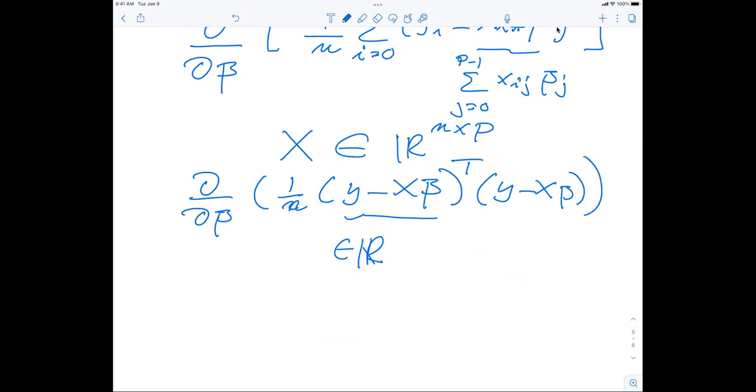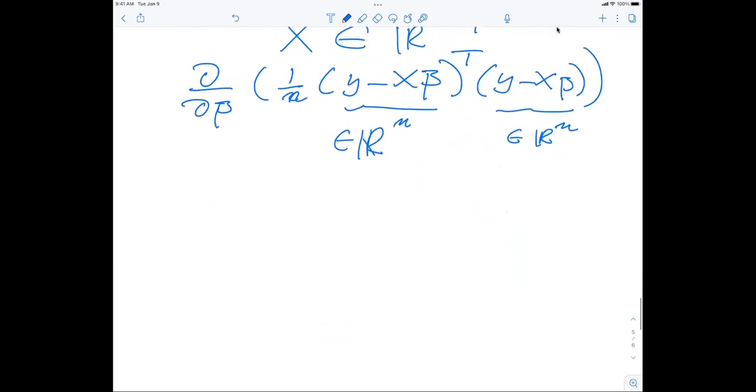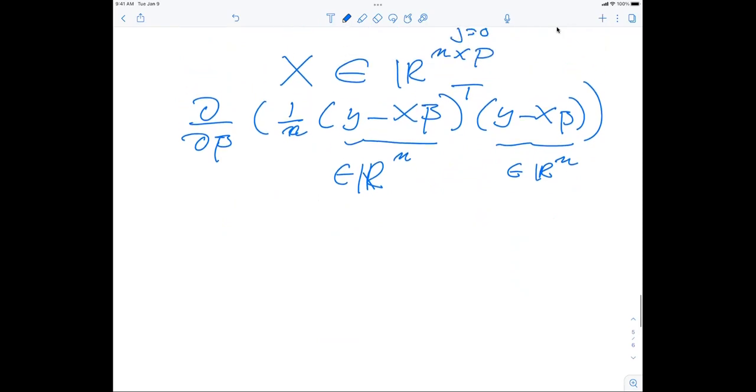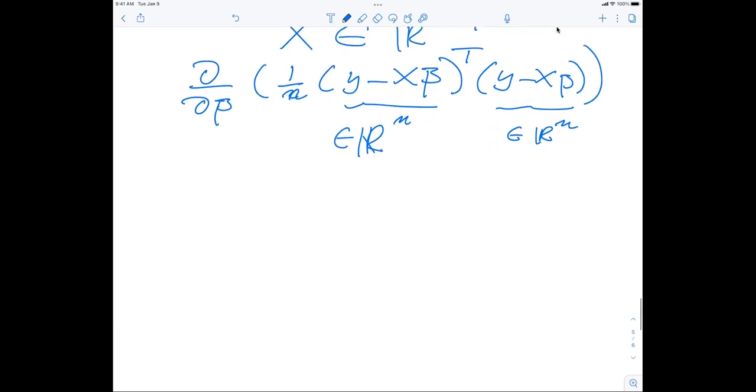This quantity here is obviously a vector, so I'm just summing up all the elements, and that becomes a scalar. If I were to take the other way round, y minus X beta times the transpose of the same quantity, I wouldn't get the right dimensionality. I wouldn't be able to calculate a scalar. So this is just a norm, or the inner product of a vector.